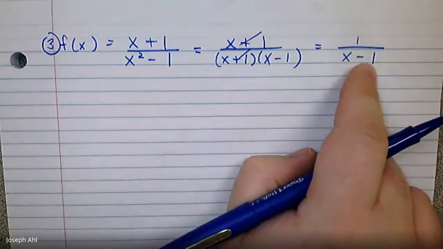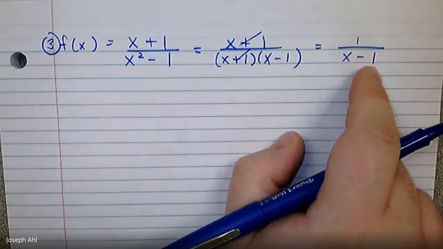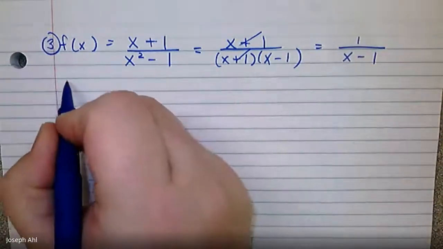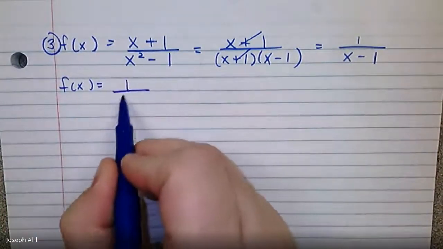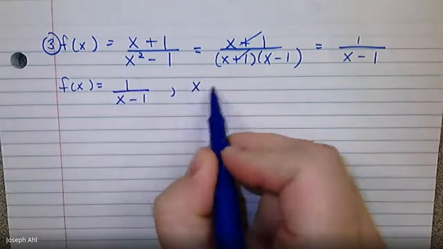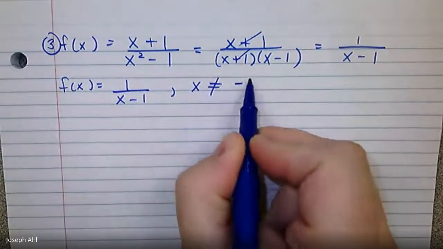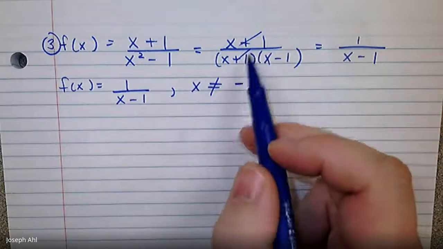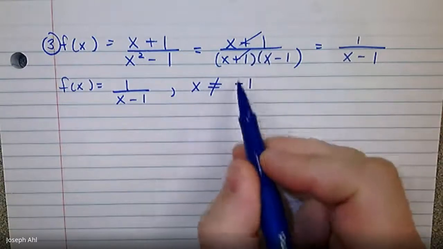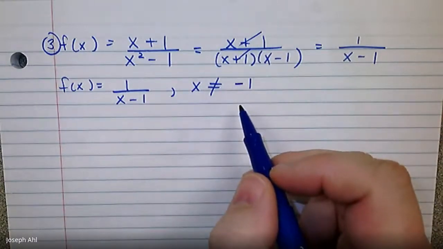So the last two turned into linear functions with a hole. This is still a rational function. It's a rational function with a hole at x equals, well, let's see how good you are at picking this out here. We're going to see f of x equals 1 over x minus 1, as long as x is not equal to -1. Okay, those common factors that canceled out, the removable discontinuity would be at x equals -1 in this case.